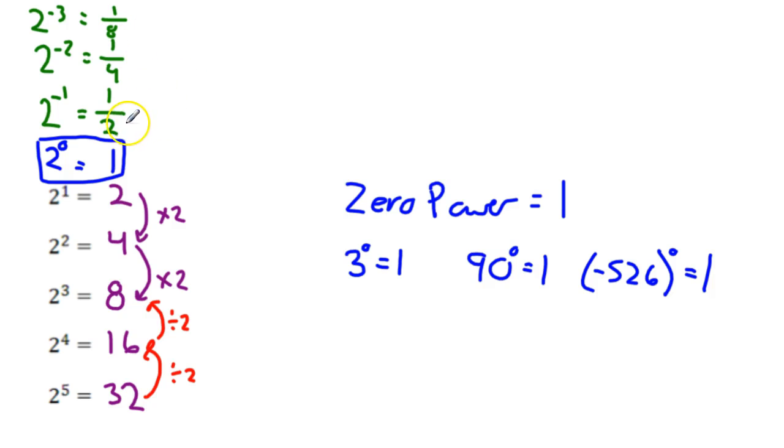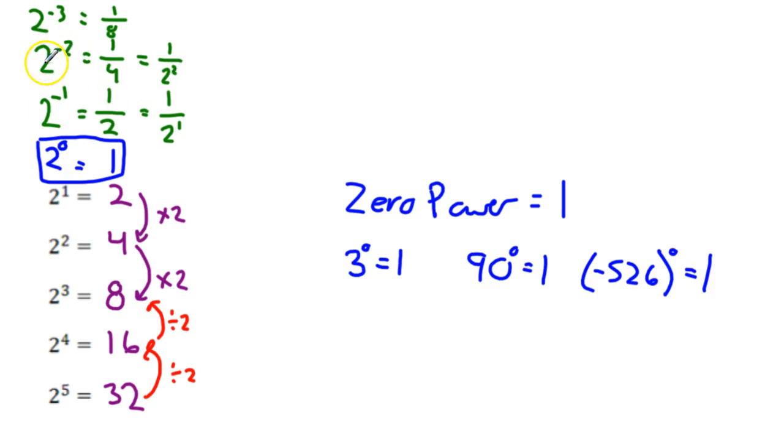All right, so what is this pattern really? Well, this is really 1 over 2 to the first power. Instead of this negative 1, if I put it on the bottom and make it positive, that's the same answer. Over here, this is 1/4. That's the same as 1 over 2 squared.